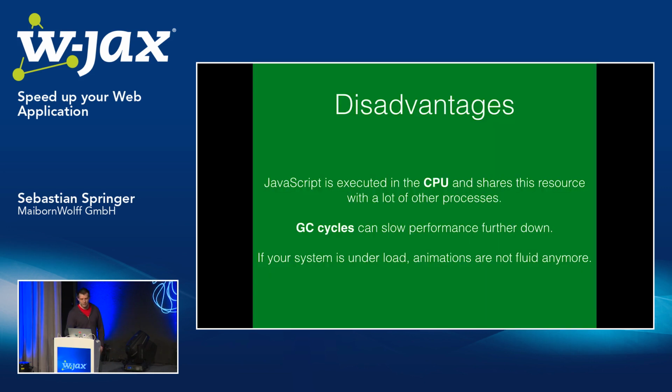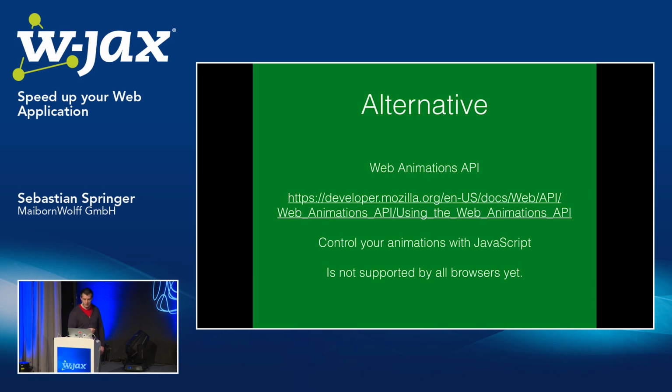So you should use CSS animations, or there is a new API in your browsers, which is called the Web Animation API, which puts the animation on the GPU, so the graphical processing unit, which is optimized for animations.